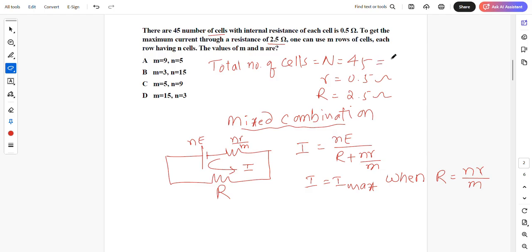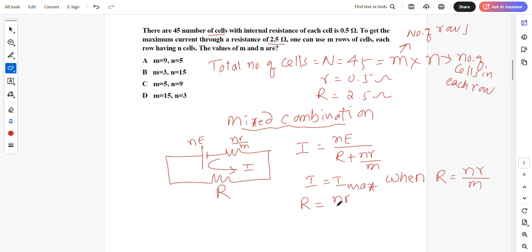I can take this as m into n, where m is the number of rows and n is the number of cells in each row. They have given m into n is 45.